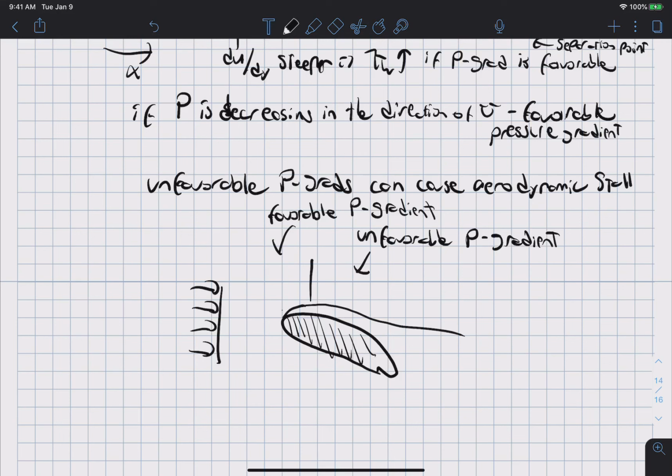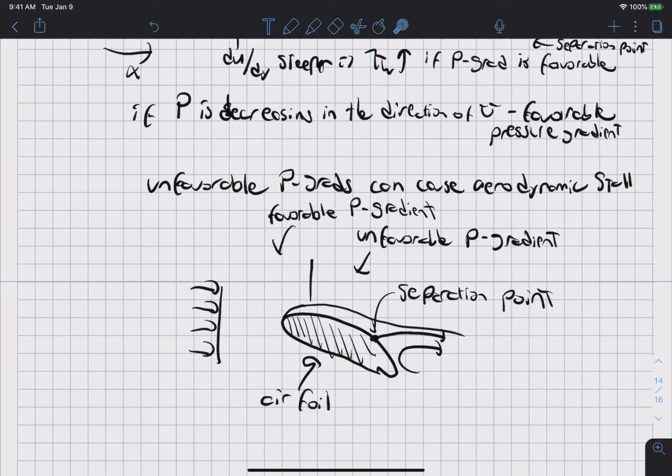It can separate in extreme conditions, and you get a big old vortex here on the wing, and this is an airfoil. And this here is the separation point. This section after the separation point has vastly reduced lift.